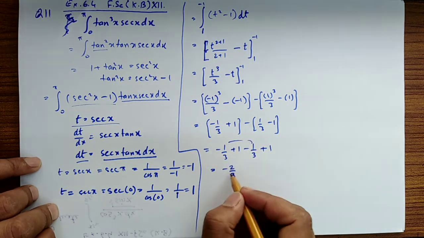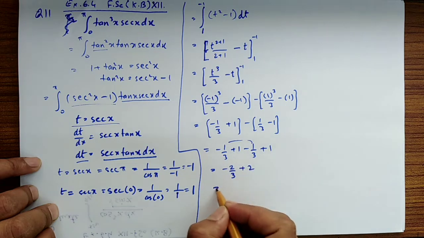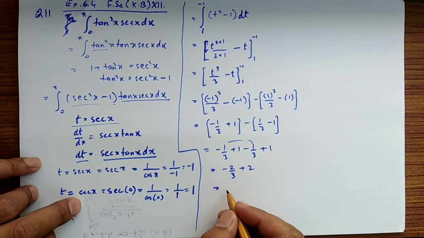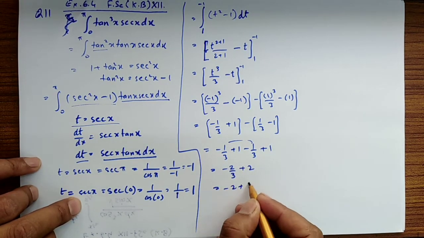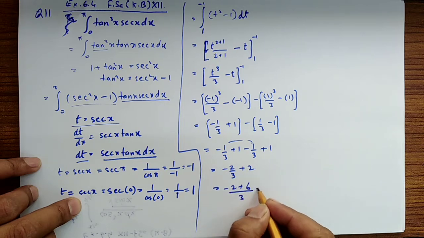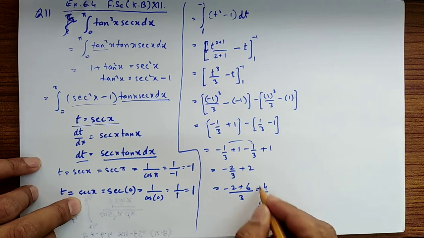These both give minus 2 upon 3 plus 2, and that gives minus 2 plus 6 upon 3, that is 4 upon 3, which is our final answer.